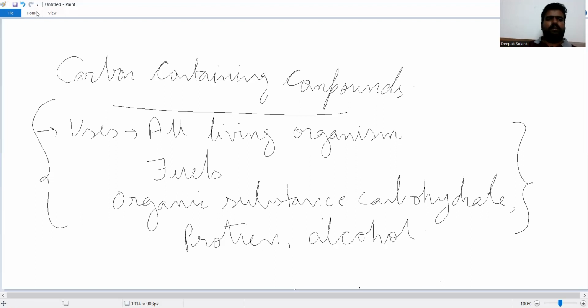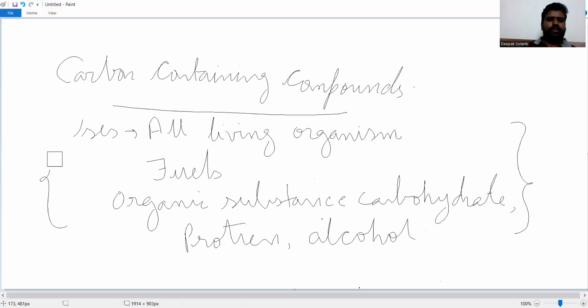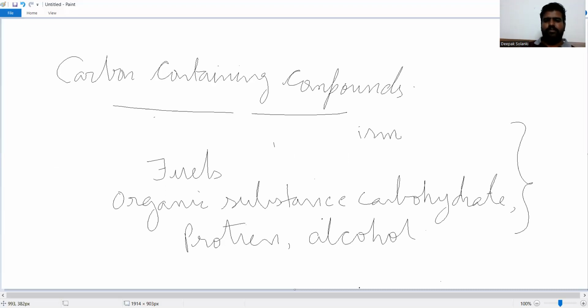Okay, let me discuss the uniqueness of carbon. Why do we discuss only carbon? What is the uniqueness of carbon? Uniqueness means it is unique among all the elements. Why is it so unique? Why do we study it in organic chemistry?